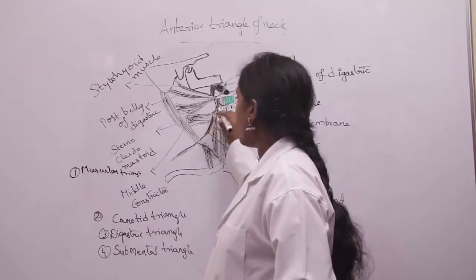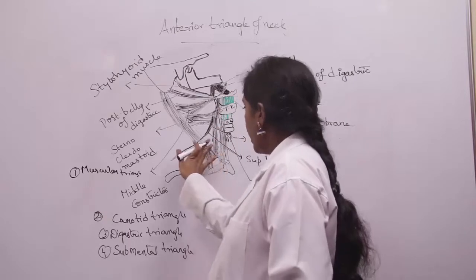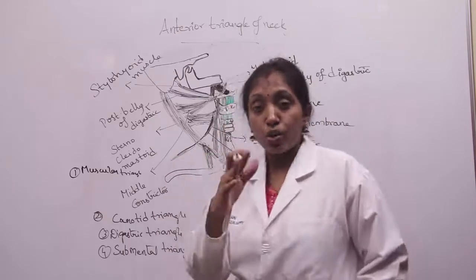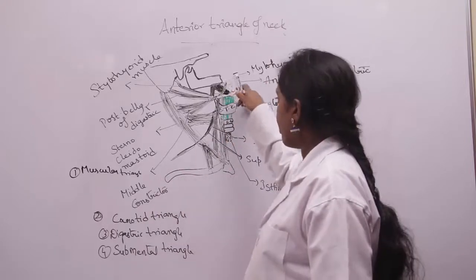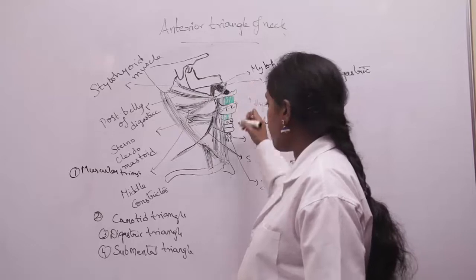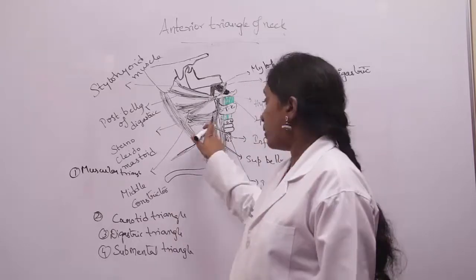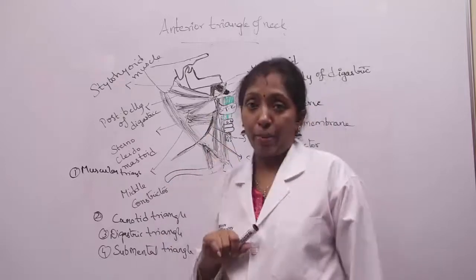The superior belly of omohyoid is here, and behind and below the boundary is formed by the anterior border of sternocleidomastoid.